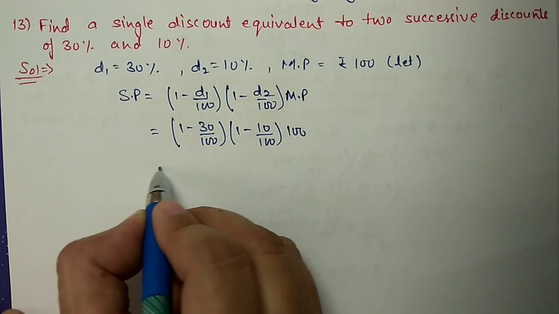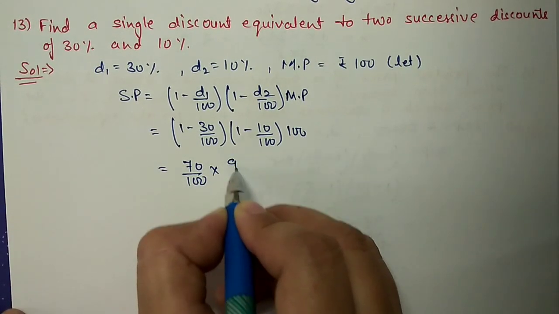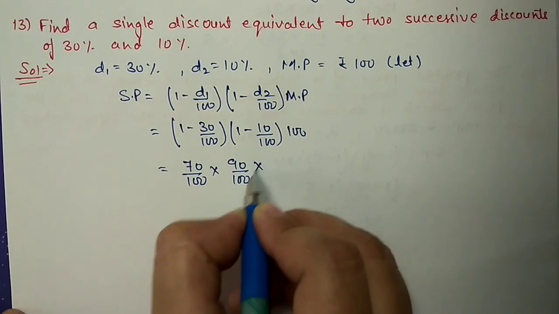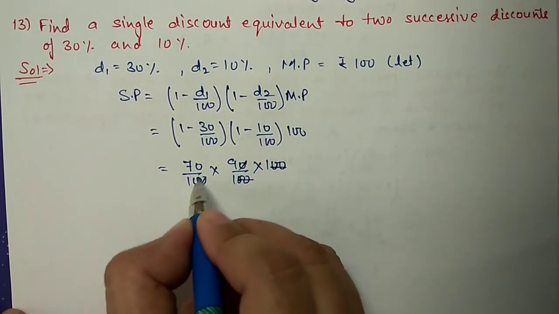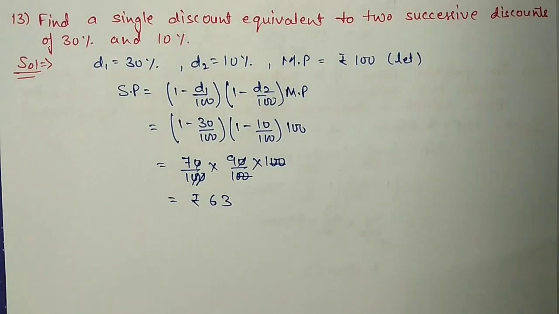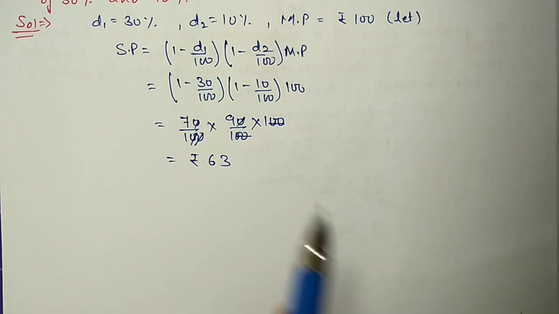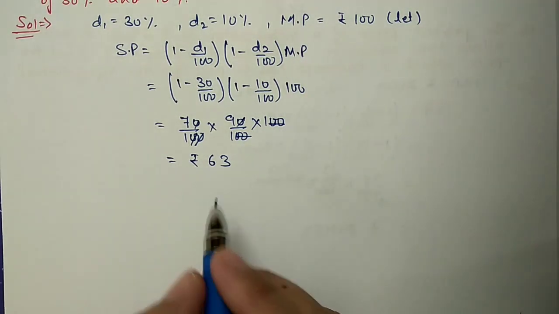Here after simplification we will get 70 by 100 into 90 by 100 into 100. So two zeros we can cancel here, 1 here and 1 here. 9 into 7, 63. So the selling price is 63 rupees. Now you can see the mark price was 100 rupees and the selling price is 63 rupees.